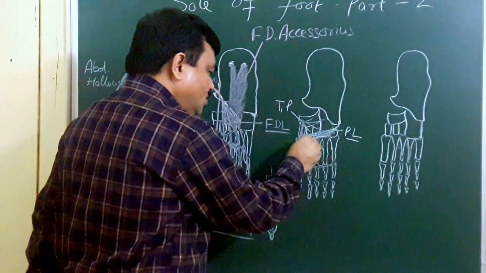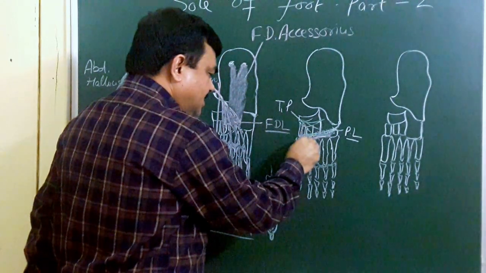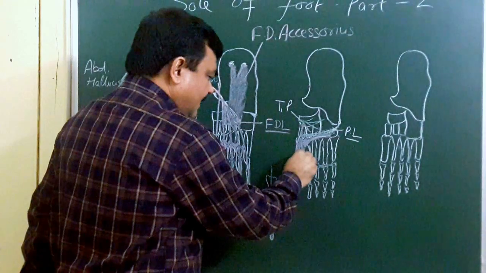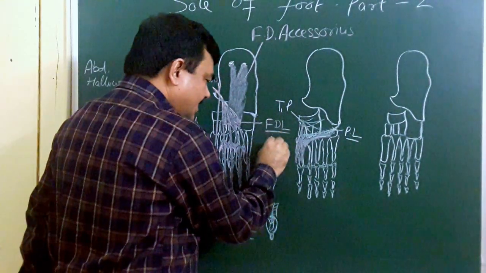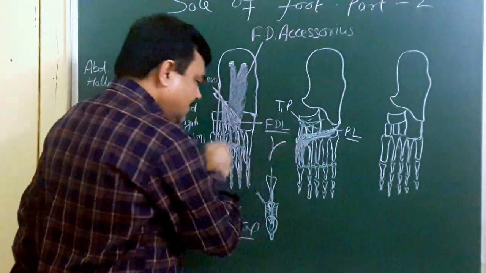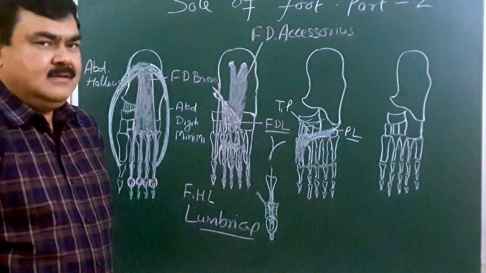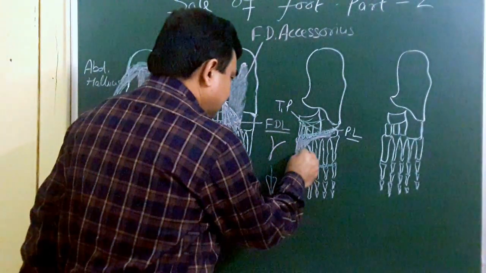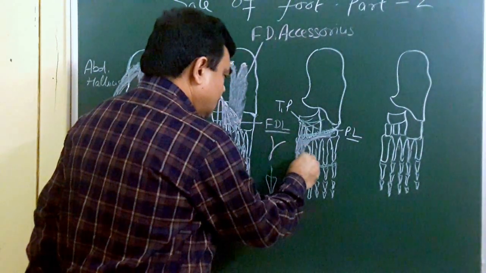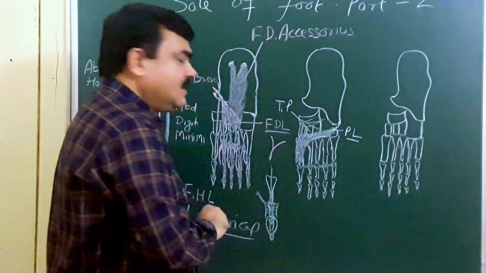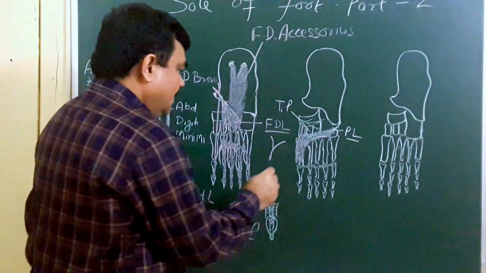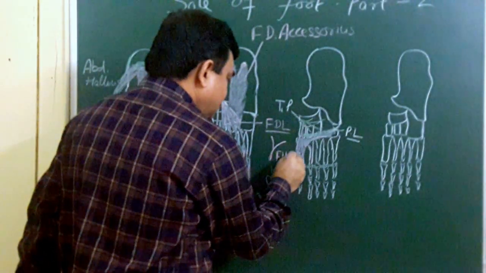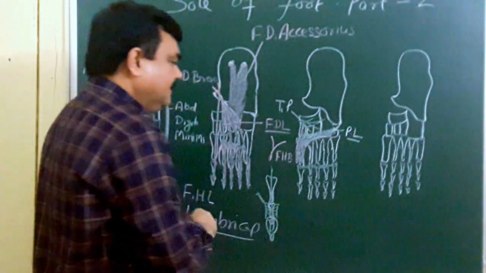So these two heads join with each other like this. It is Y shaped. This muscle is flexor hallucis brevis.